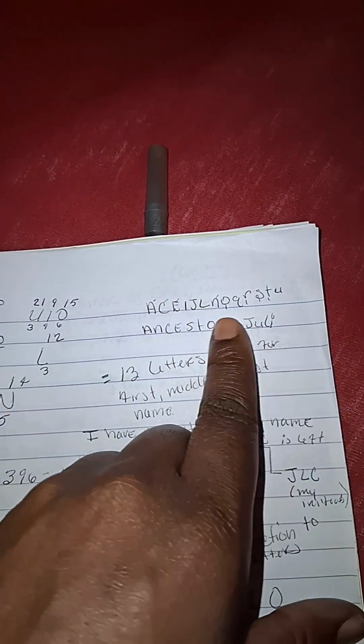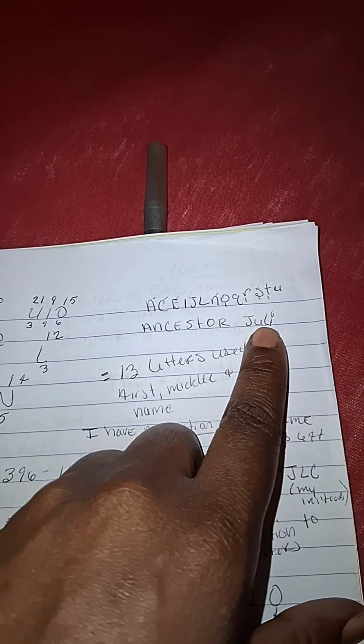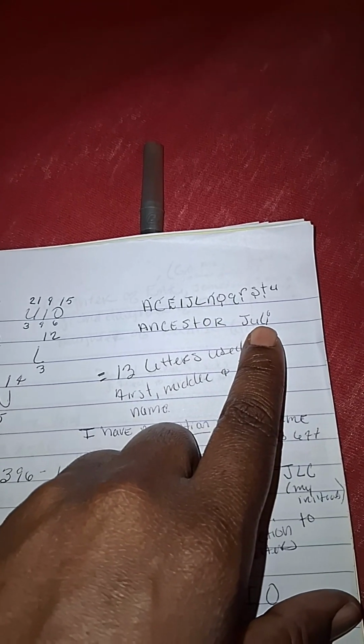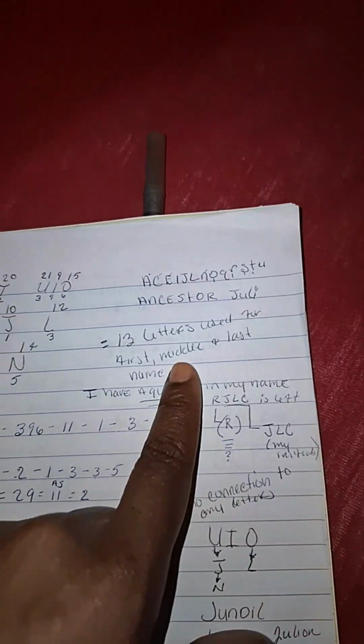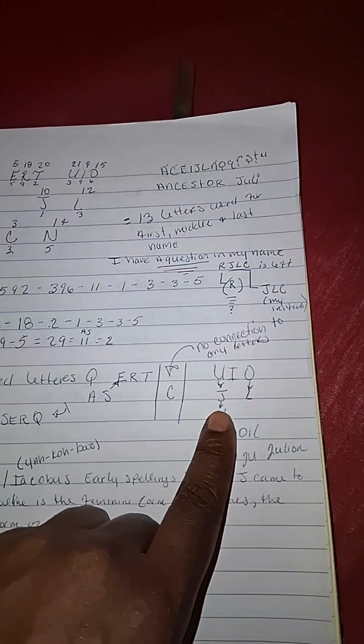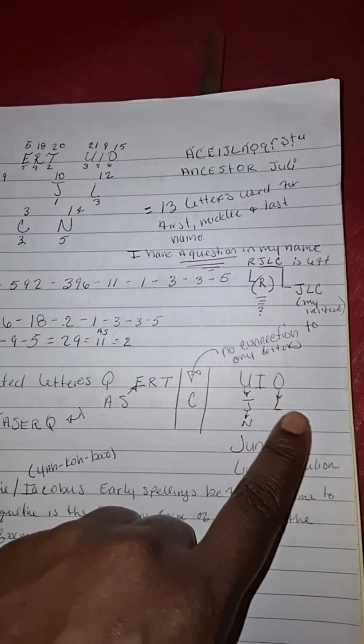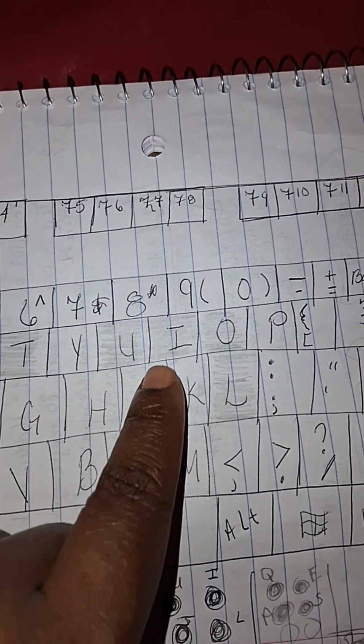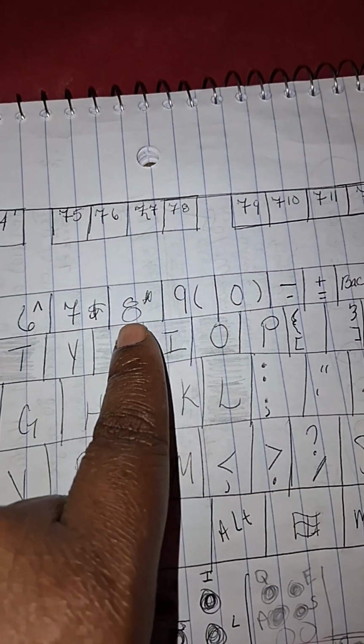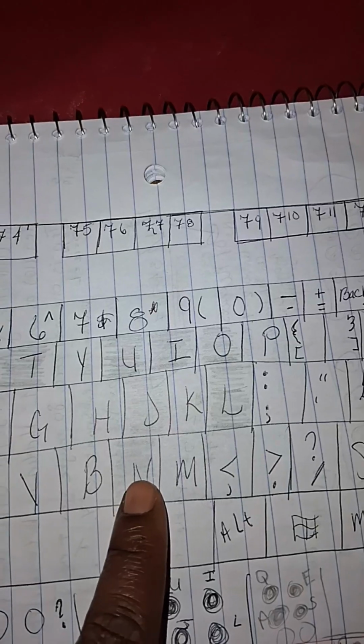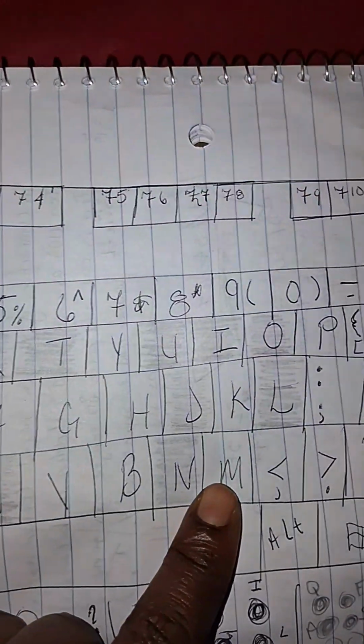So then boom, I wrote out ancestor, and the only letters I had left were Juli, or JULIIL, however you want to look at it. But this didn't come to be until after I came down here and was looking at this on the keyboard for what's connected, and this is where I got this name from, JULION. This is still my first, middle, and last name, but it can still spell Julian right there.